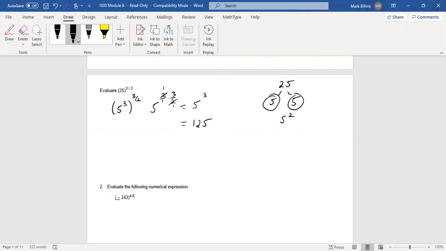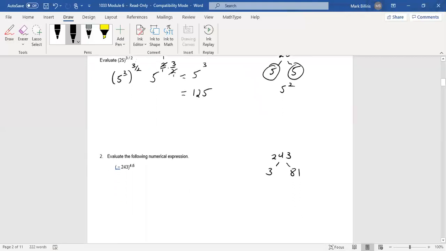We'll put the negative sign in front at the end. 243 is 3 times 81. 81 can be broken down again into 3 times 27. 27 can be broken down into 3 times 9, and 9 can be broken down into 3 times 3. So we have 2, 3, 4, 5 factors of 3. So this is 3 to the 5th power.